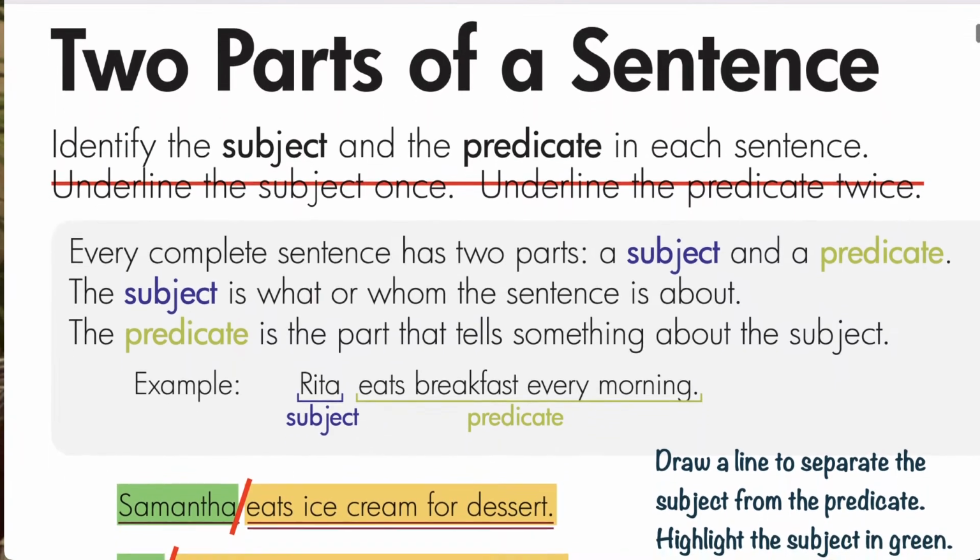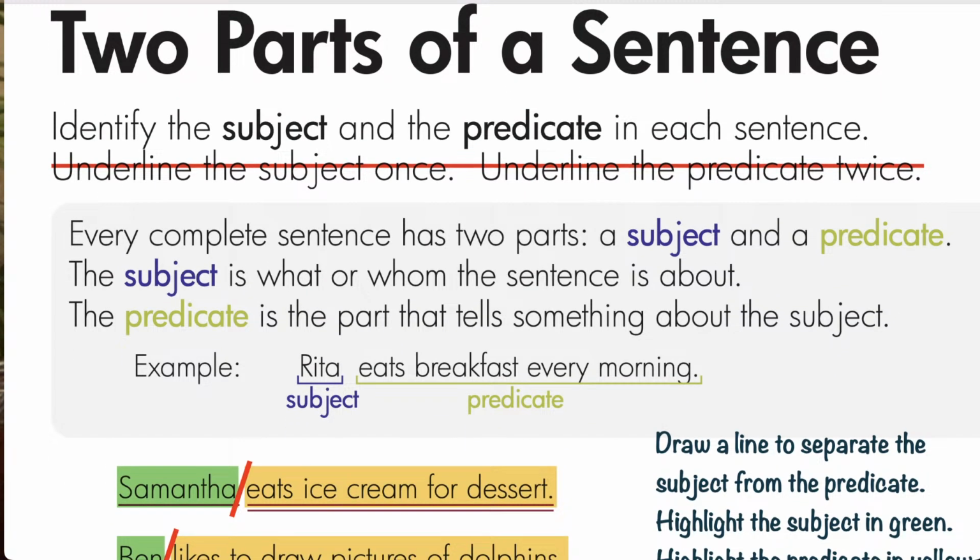Two parts of a sentence. Identify the subject and the predicate in each sentence. Underline the subject once, underline the predicate twice. We must have done this, and it looks like I cannot get that line off of there. I can no longer pick that. Oh, I know what happened here. Yeah, we did strike through that sentence.